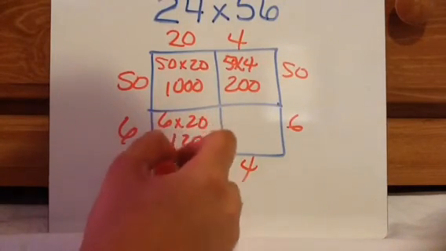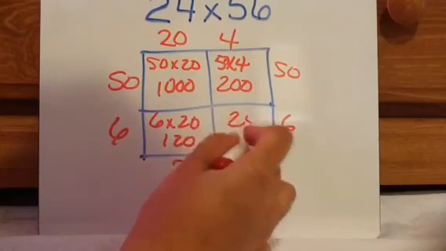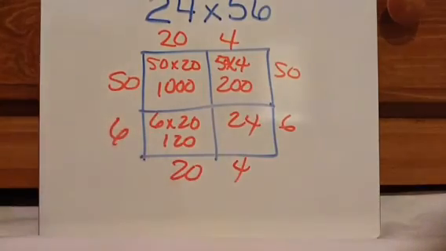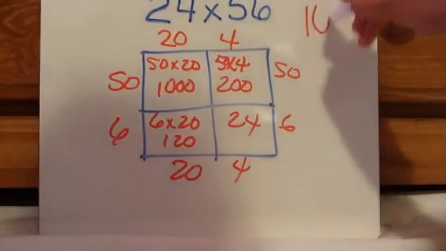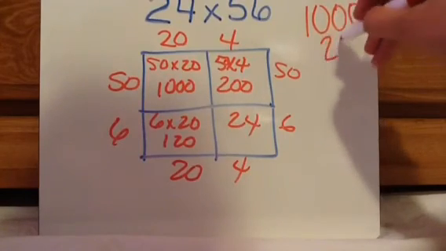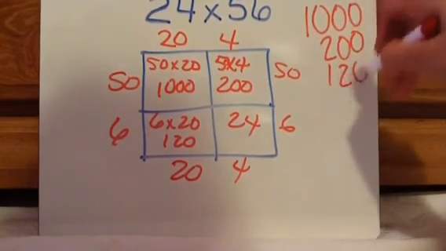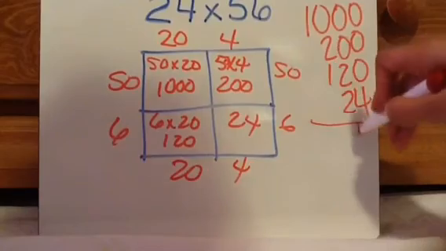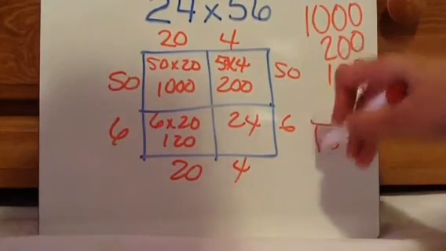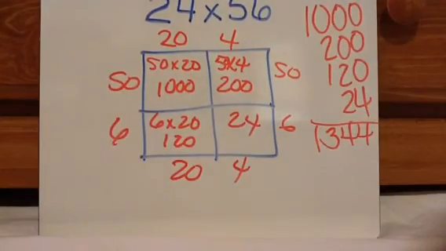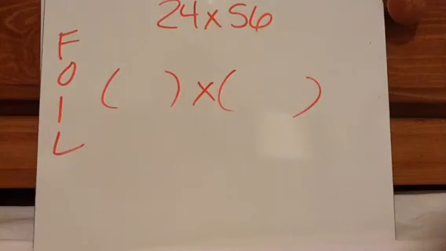So that's 120. This is 6 times 4, which is 24. So this would be 1,000 plus 200 plus 120 plus 24. So 1,344.